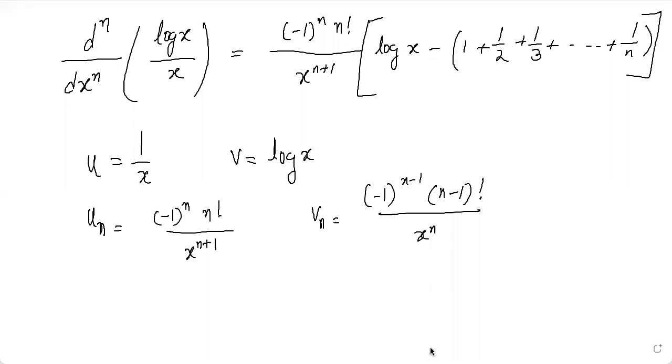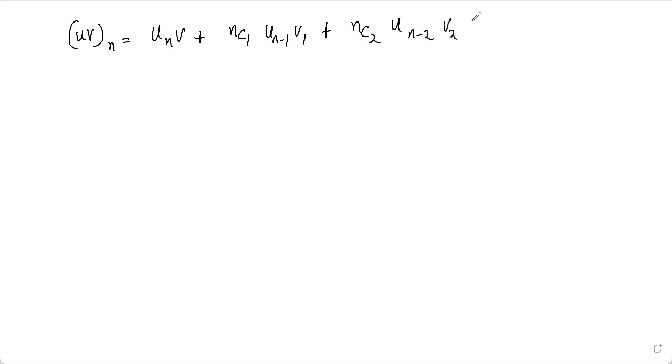So let us apply Leibniz theorem here. Now we know that (uv)n is un v plus nc1 un minus 1 into v1 plus nc2 un minus 2 v2 plus and so on up to nc n minus 1 u1 vn minus 1.